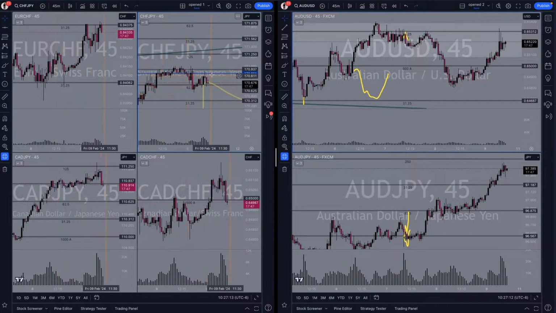Usually what we want is a stop loss on top of this thing, but because it already went our direction to take profit one, I think.